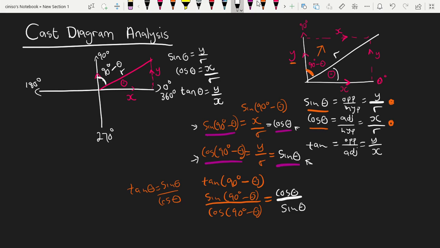So it's cos of theta over sine of theta. So in math, this is cot of theta. You will learn about this later on, but it is cot of theta. So now we're done for 90 degrees minus theta, which lies in the first quadrant. We're going to continue with 180 degrees minus theta.